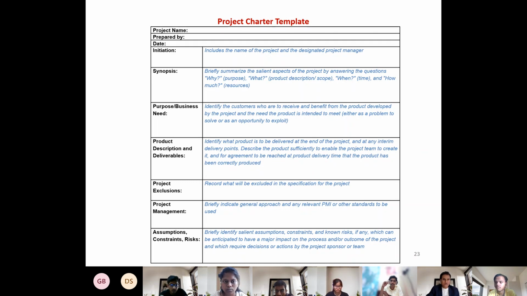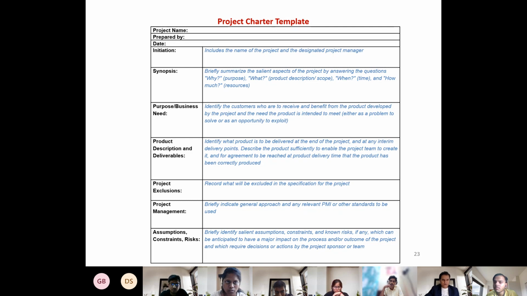Exactly what Professor Gaurav has given us, the reason this project is being undertaken. Very good. Let's go to the next one. The purpose of the business need. Remember, the project is always aligned to the business.